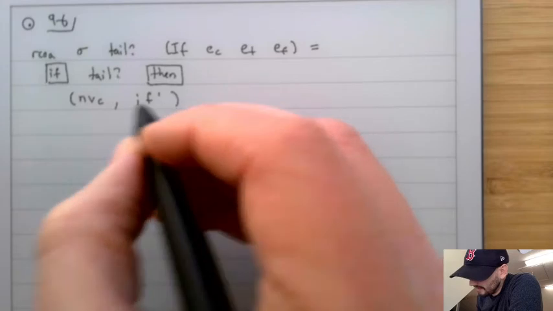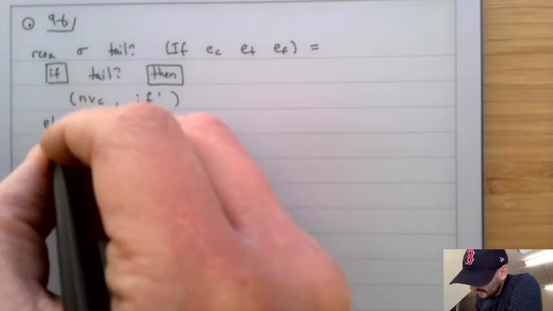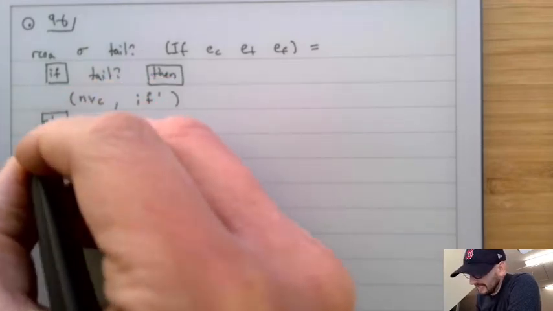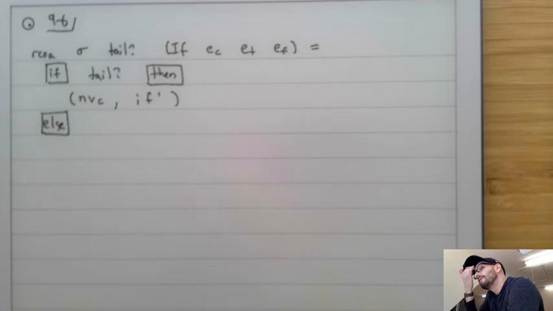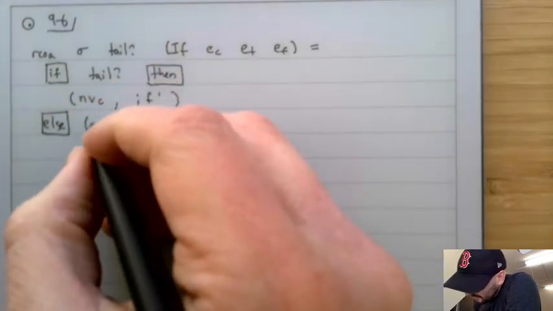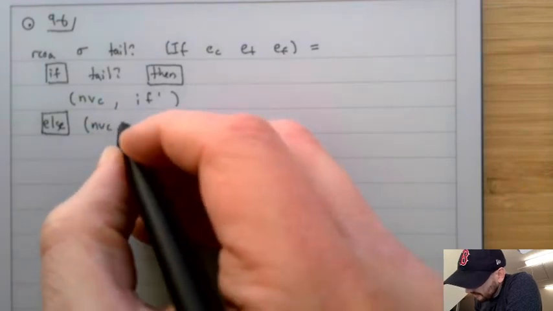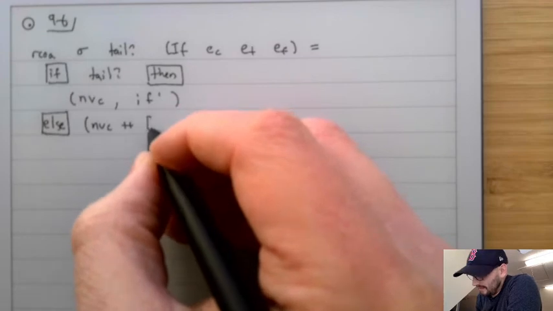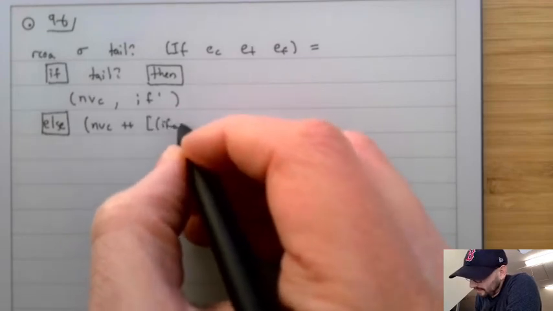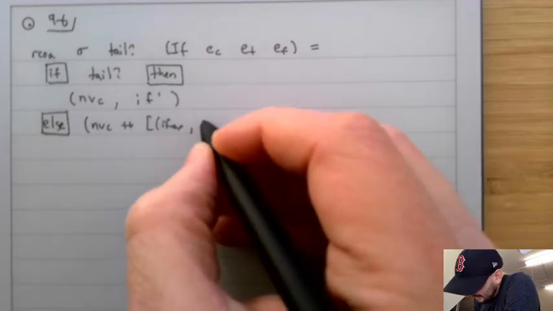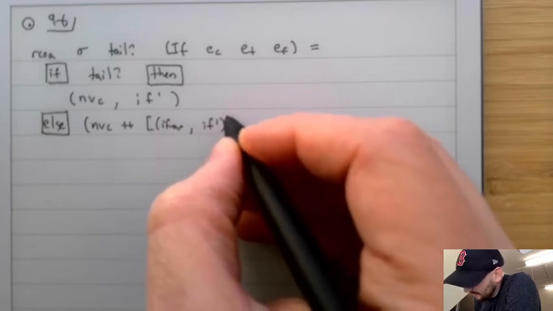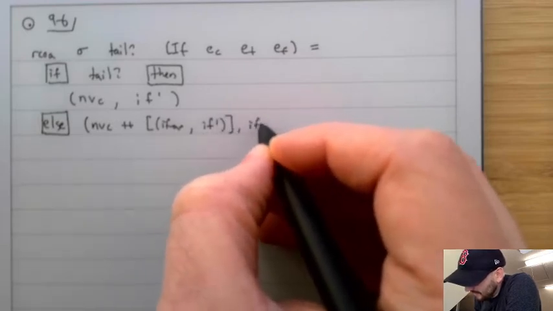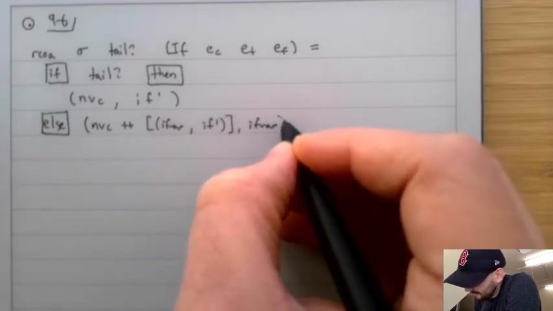Otherwise, and again, this is in a box, so that means it's inside of our compiler, we're going to return the new variables for the conditional plus the if variable that has the if prime as its argument, and then the new if variable.